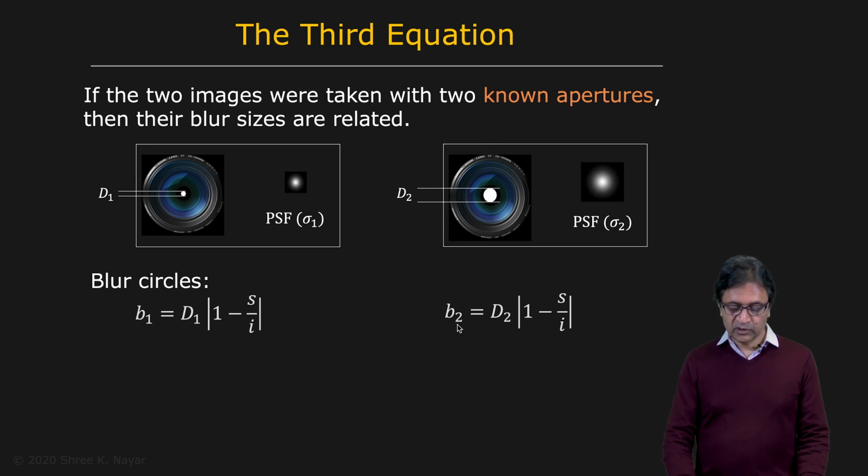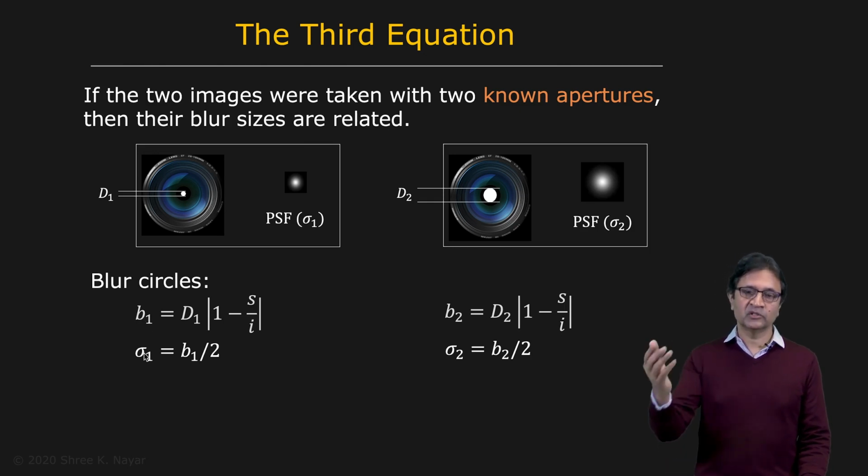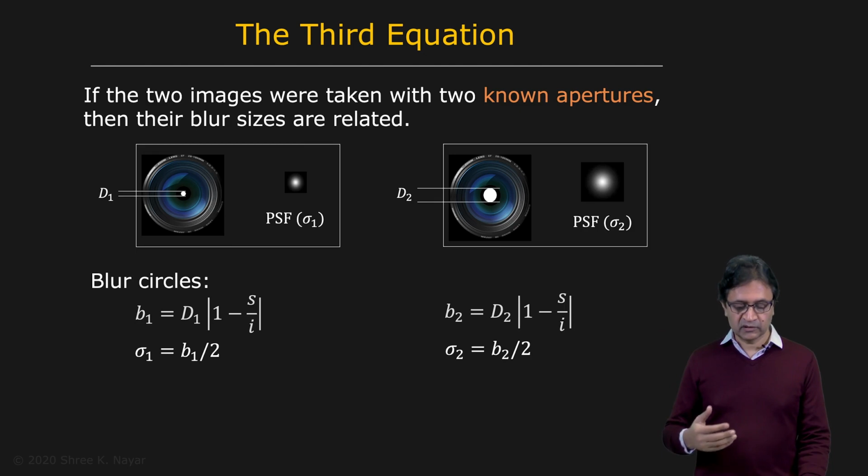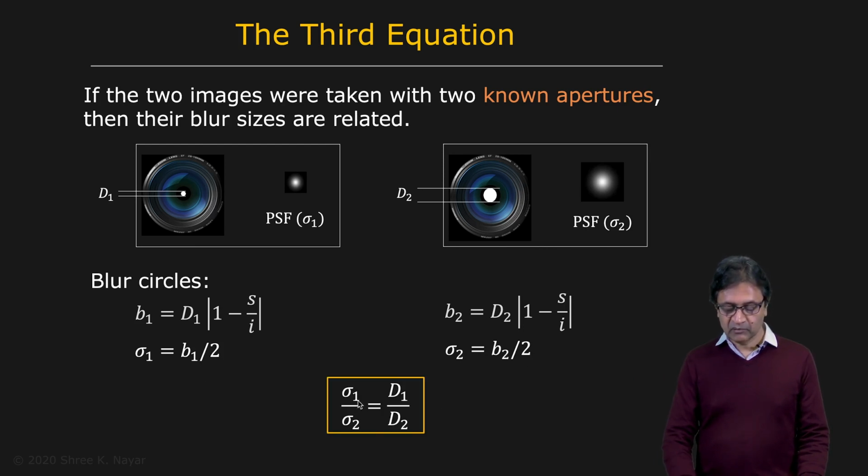And then you get B2 equal to D2 times the same factor. And if you look at the relationship between sigma and B, we made this approximation earlier that sigma is roughly equal to B divided by 2. And so sigma 1 is equal to B1 divided by 2, sigma 2 is equal to B2 divided by 2. So now you see that sigma 1 by sigma 2 is equal to D1 by D2.